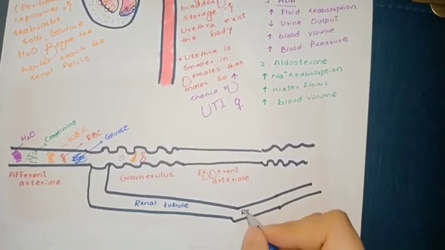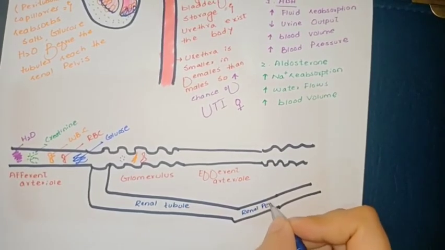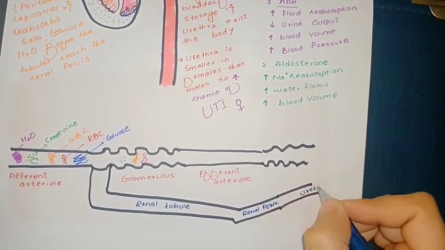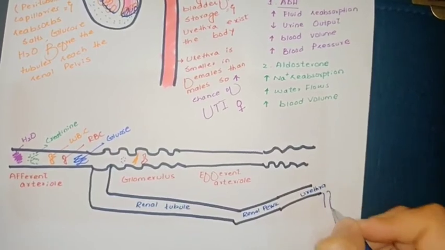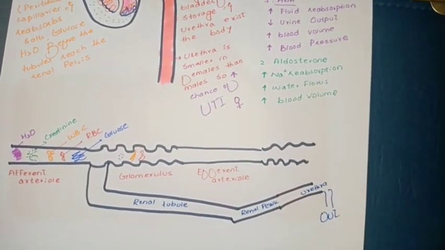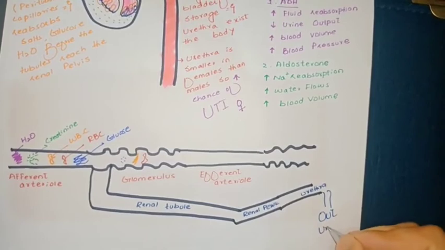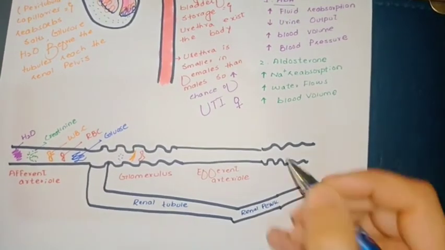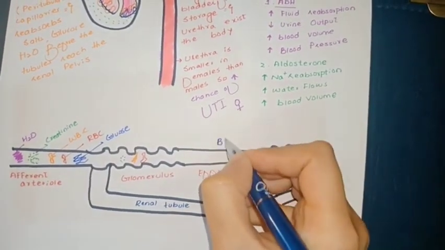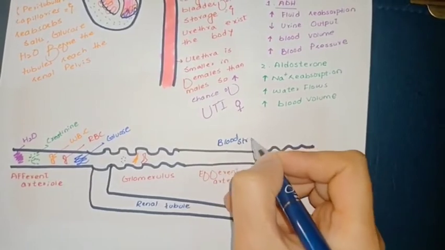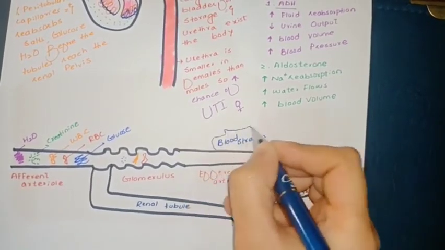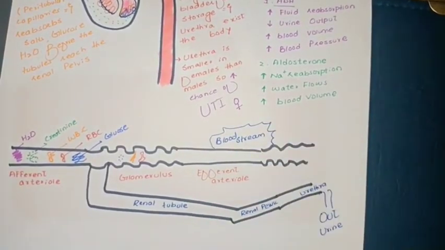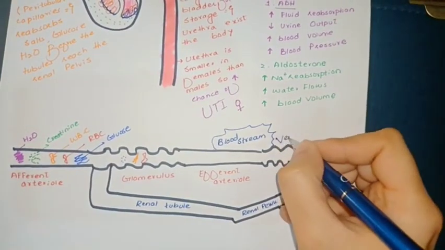Renal pelvic, urethra, out. Okay, here's the urine out, and this is the bloodstream, and the venous system.